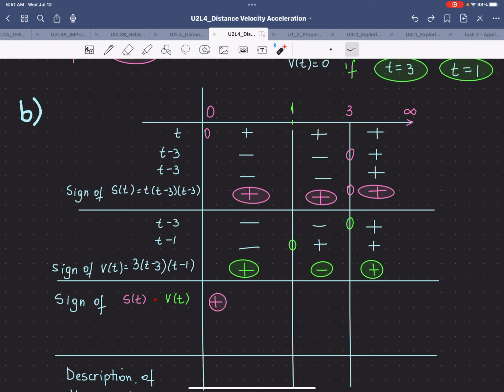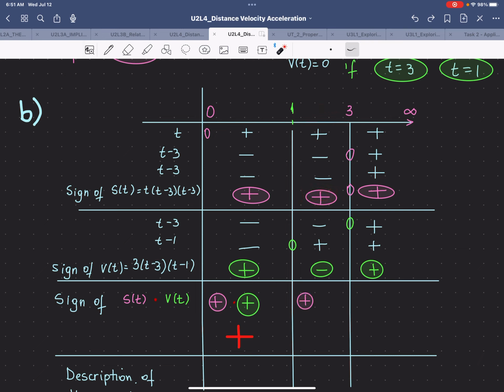So we're going to say that S(t) is positive and V(t) is positive. How do we know? Because from 0 to 1, here is S(t), here is V(t). You multiply them, guess what? You get a positive. Now, in the interval between 1 and 3 seconds, S(t) is positive, V(t) is negative.